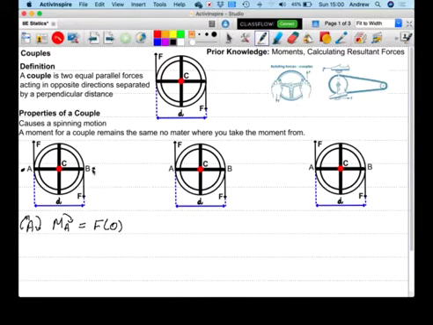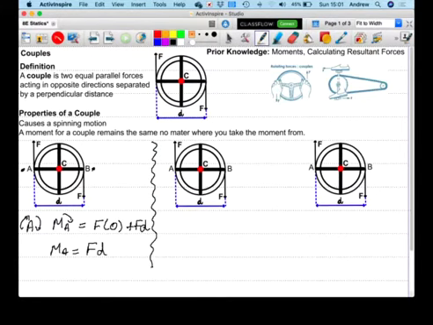When we take the moments at B, here's the force F, and its perpendicular distance from A is D. So therefore we've got plus F times D. So the moment about A is equal to FD. Okay, that's the end of that one.